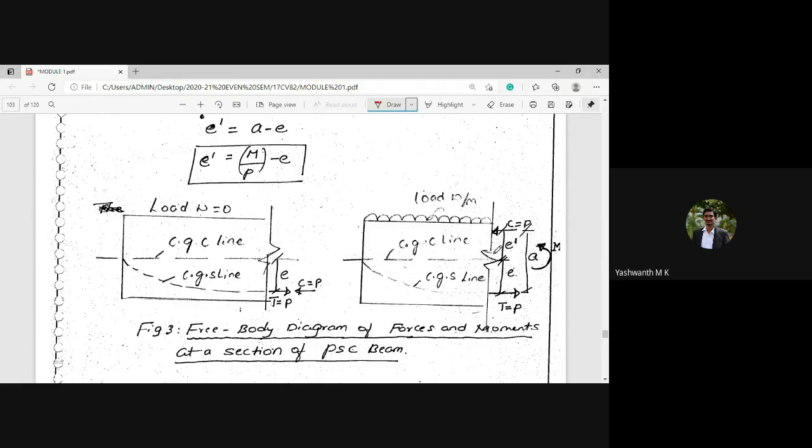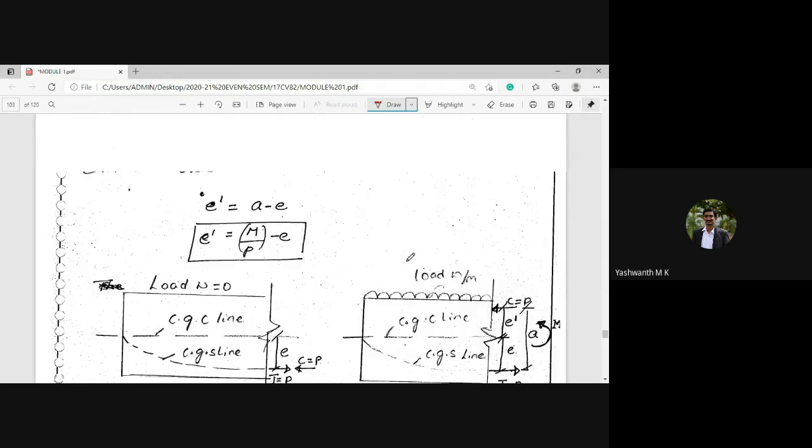E dash means the shift of the pressure line or resultant force from the centroidal axis of the section. And E, we already know, is the distance between the centroidal axis of the section and the pre-stressing force acting. So this total distance is denoted by A.